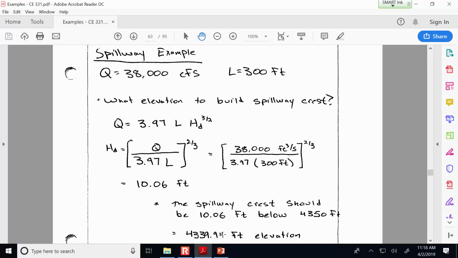But, of course, the higher the difference, the more land area that's going to be inundated by the water. And so you kind of have to balance the amount of land that can be submerged with the amount of electricity that you're hoping to generate. Any questions on this illustration? All right.